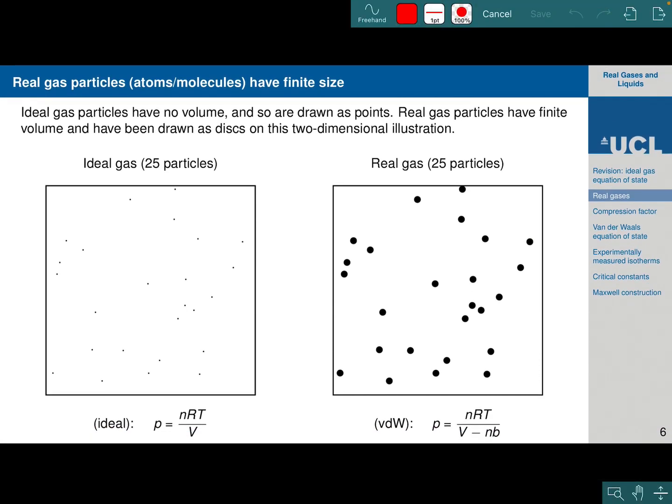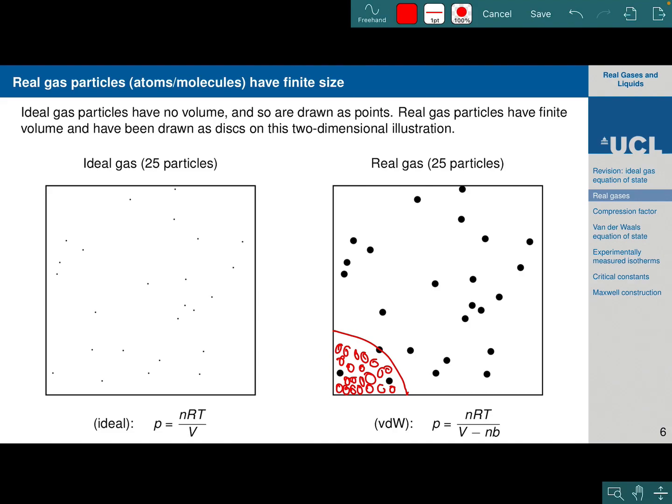So if I were to try and draw, let's just quickly do this one. If I just sketch there, that's about 20. I didn't quite count, but that's about 25 of these particles. If I were to push all of these particles into one corner, they're going to take up quite a reasonable volume in this container.